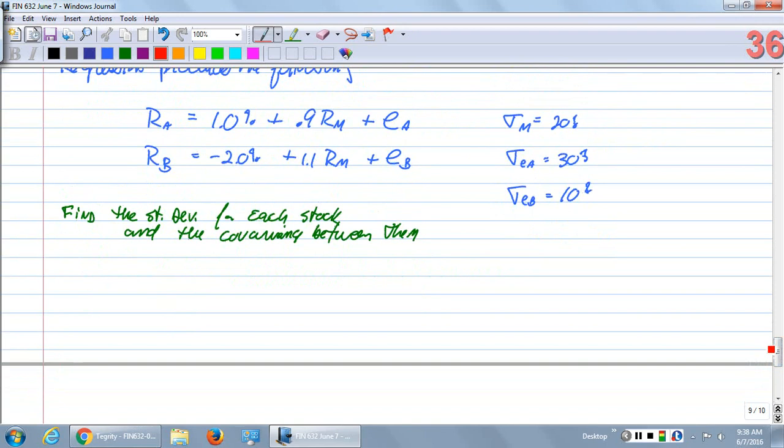And so we're going to say, okay, the total risk of asset A equals the systematic component, which, if you go back and look at the formula, is the beta for asset A squared times the variance of the market, plus the variance of the firm specific risk.